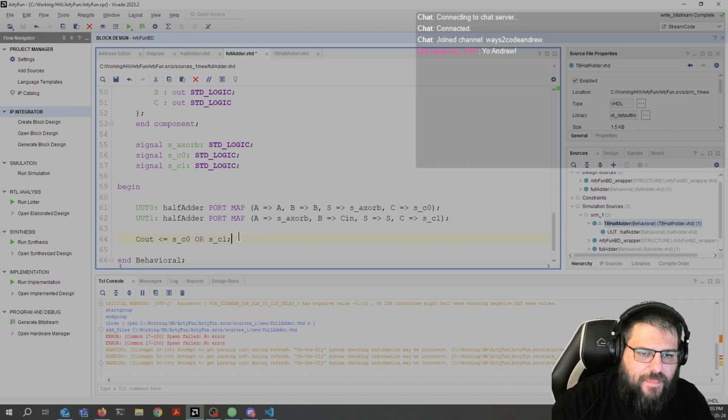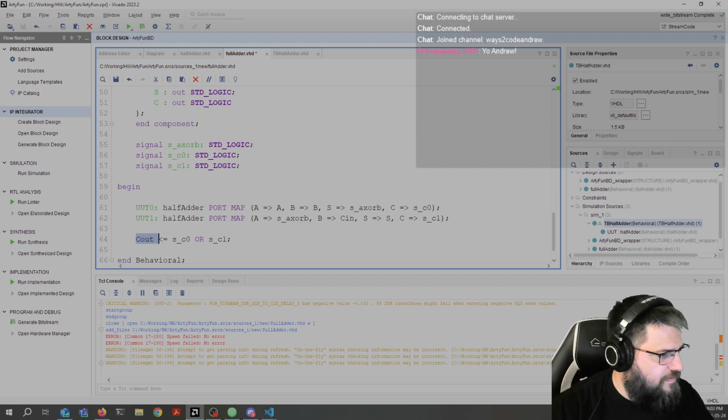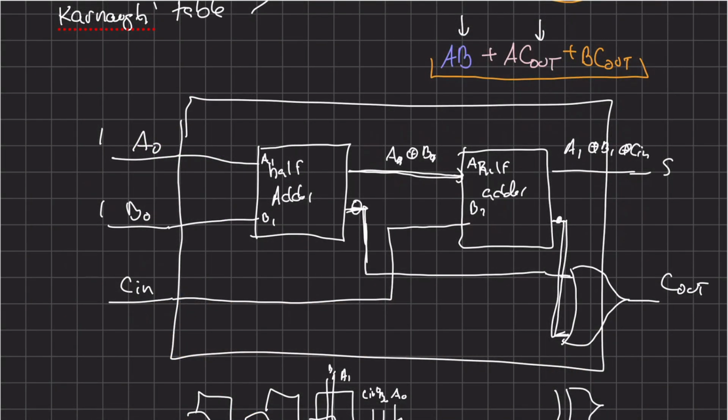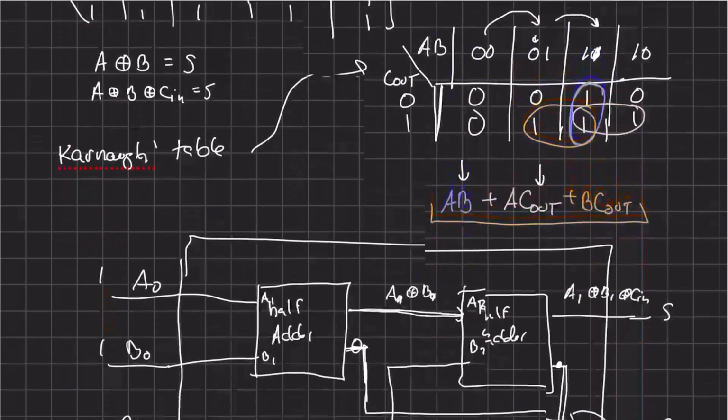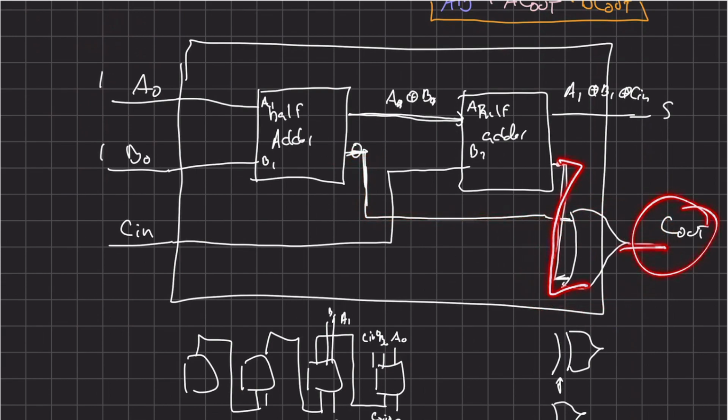So this is the part over here. This is C0, this is C1, and C out is the OR of those two signals.